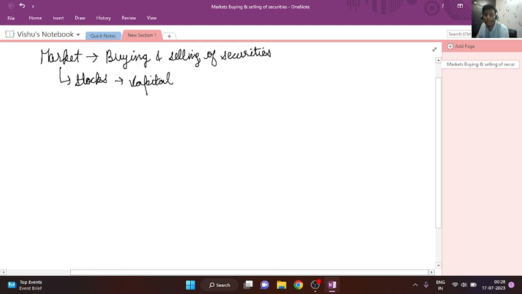We also have the money market, which is for short term securities. We are not going that way because that is controlled by the RBI, and it has different provisions and different instruments. So our focus will be on technical analysis for now. This is a brief description. Now we are moving ahead with technical analysis.